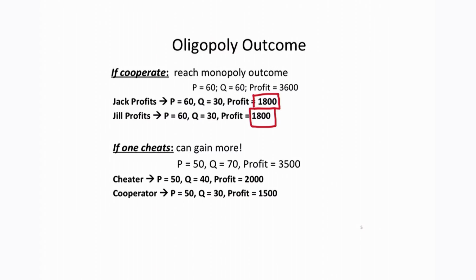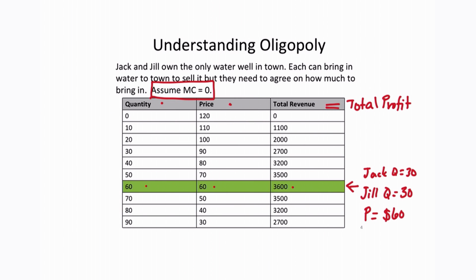But now, what happens if one of them cheats? Let's say that one of them cheats and they produce 10 more gallons. So if they produce 10 more gallons, the quantity rises to 70 gallons of water entering the market. According to our previous table, at 70 gallons entering this market, the price is going to be $50.